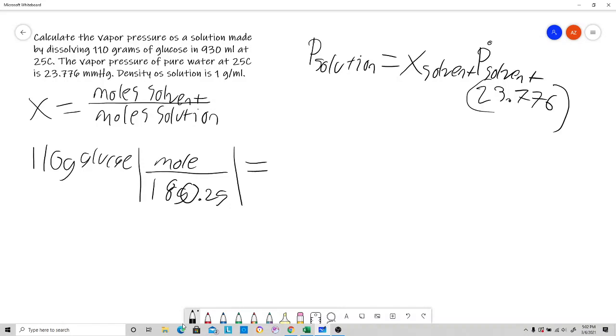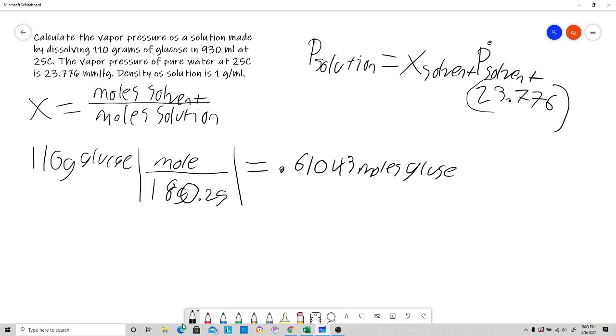So if we calculate that out, that's going to be 0.61043 moles of glucose. Okay, so that's good.